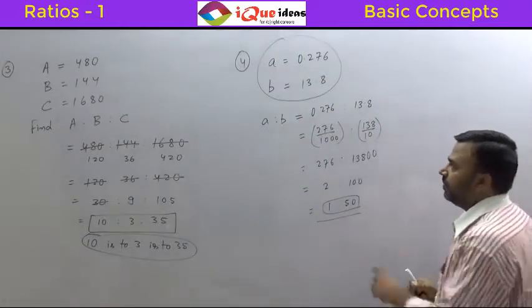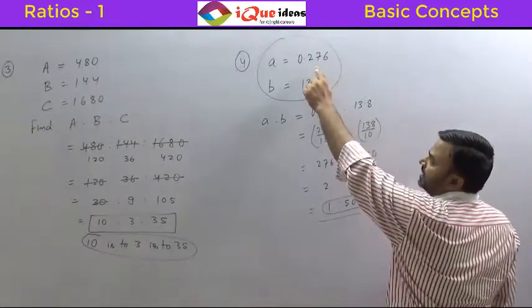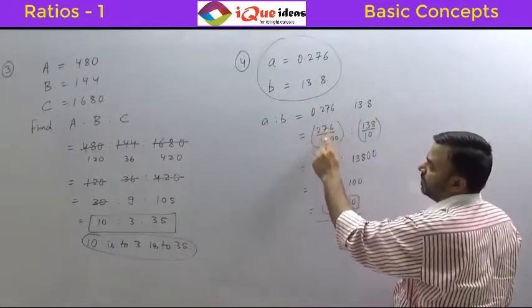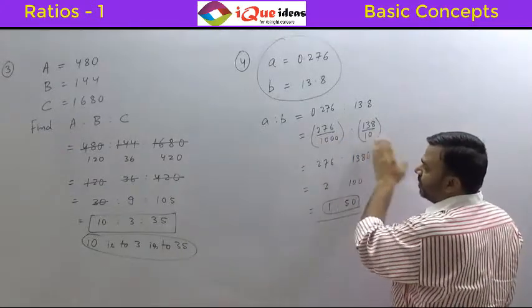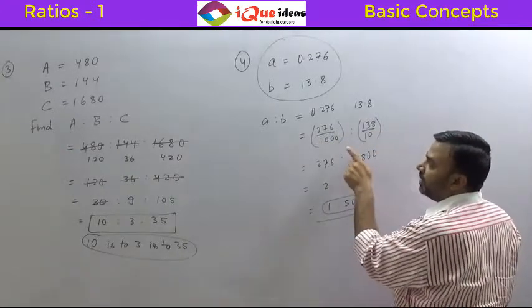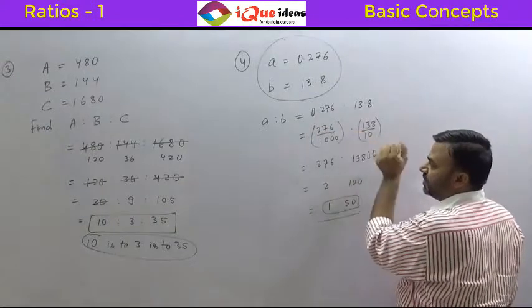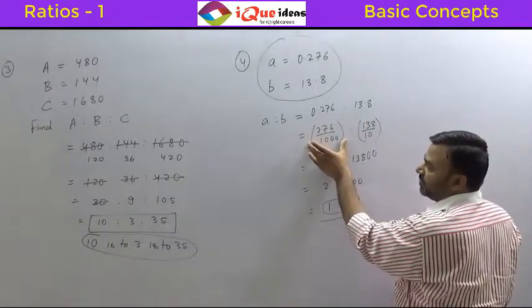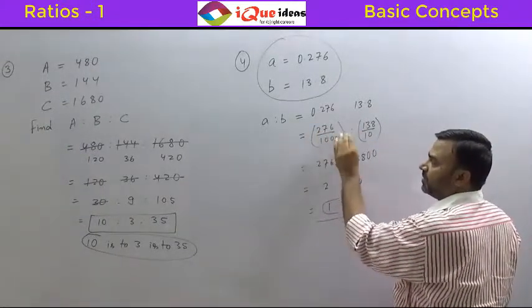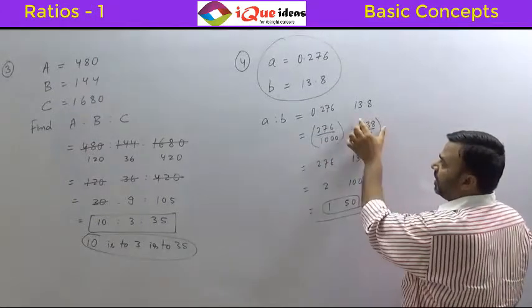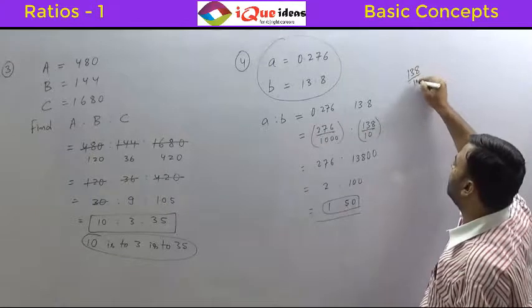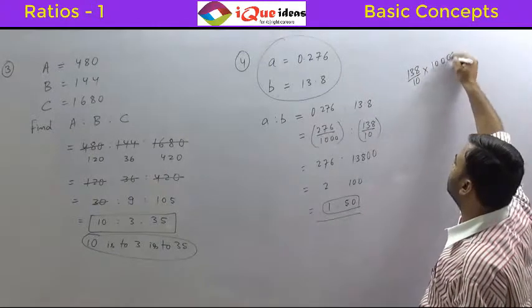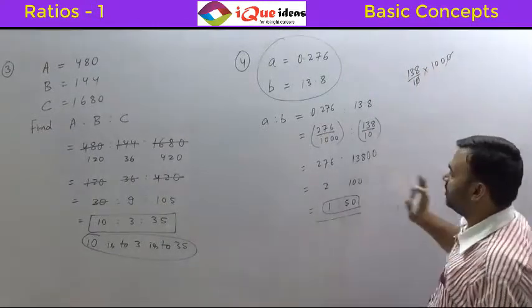So what did we do? We repeat. These were decimals. So first we converted them into simple fractions, then we had to remove the denominator. So we multiplied by 1000 in both these items. Multiplying 276 by 1000 over 1000, you get only 276. Multiplying 138 by 10 by 1000, the 10 gets cancelled and we get 13800.